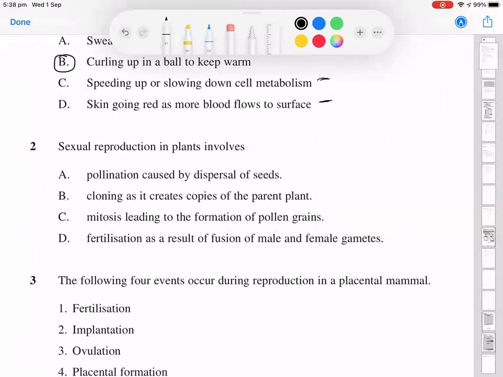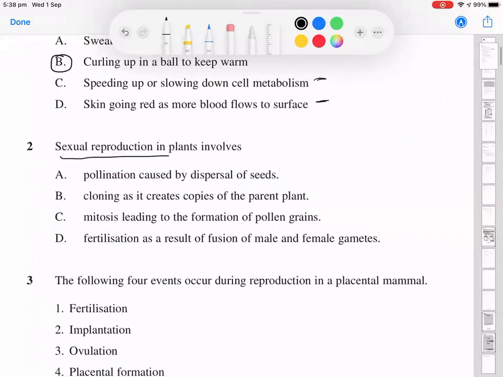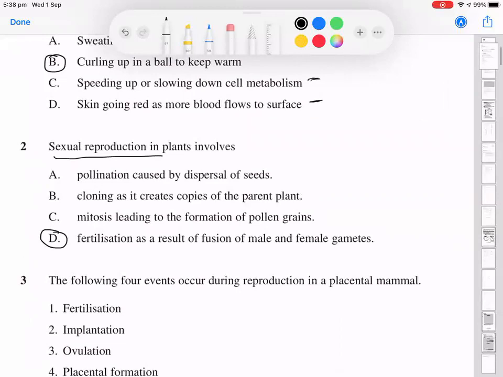Question 2, we're looking at asexual reproduction used in plants. So this is going to be option D. So option A is a bit tricky, but the trick here is dispersal of seeds.